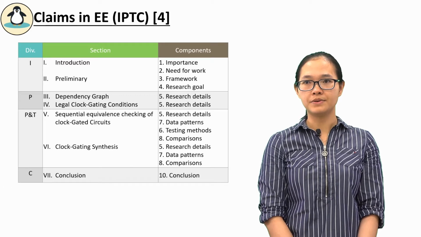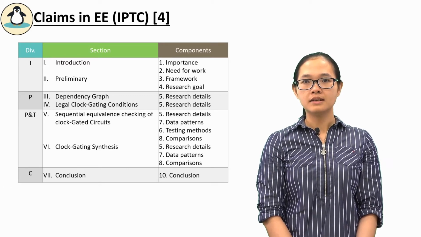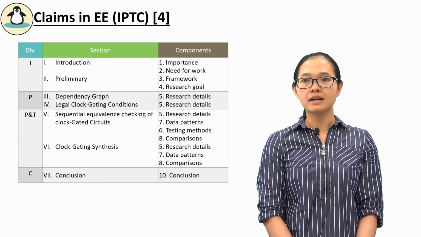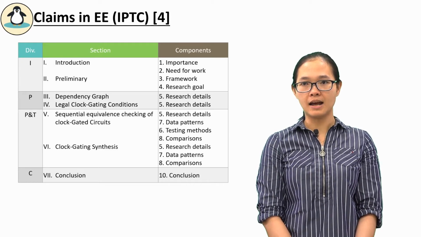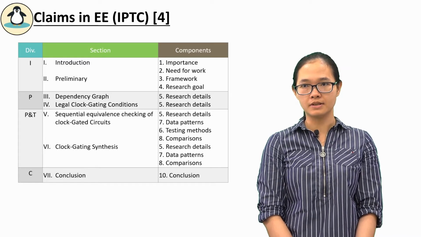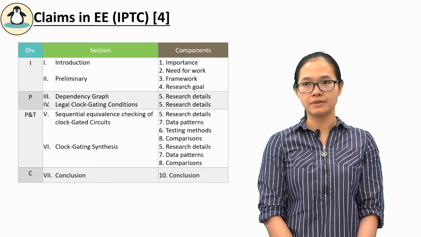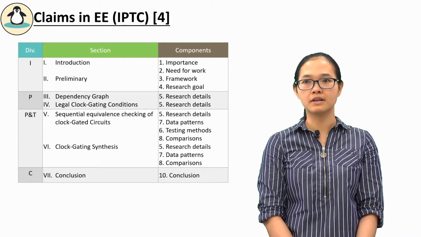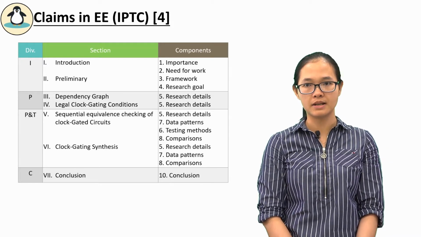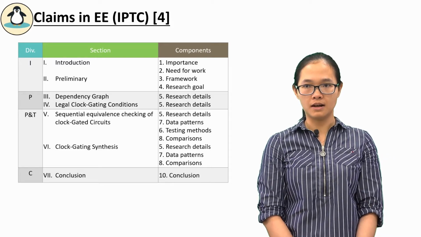There you have the research detail component. The third division is process and testing, because in this article there are two subsections called experimental research. In this experimental research, they focus on the data pattern, testing methods, and comparison components. And the final will be conclusions.